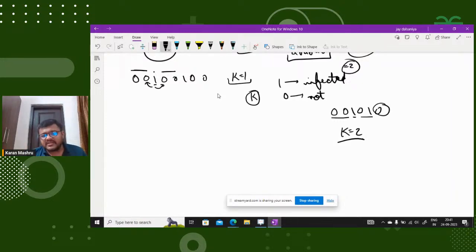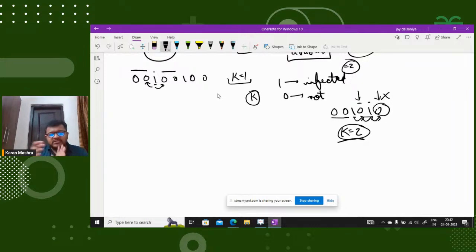For example, this one is already infected, so he will not infect that person, but he can infect this person. But k equal to 2 does not mean any two people on the right hand side. He cannot infect this person because this is the third person on the right hand side: first, second, and third.